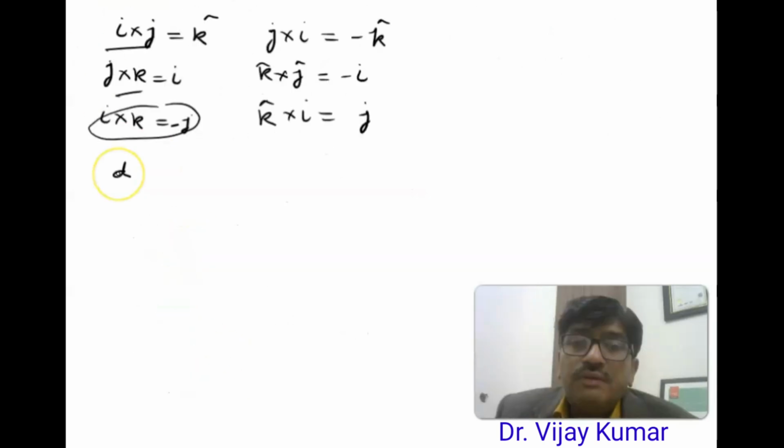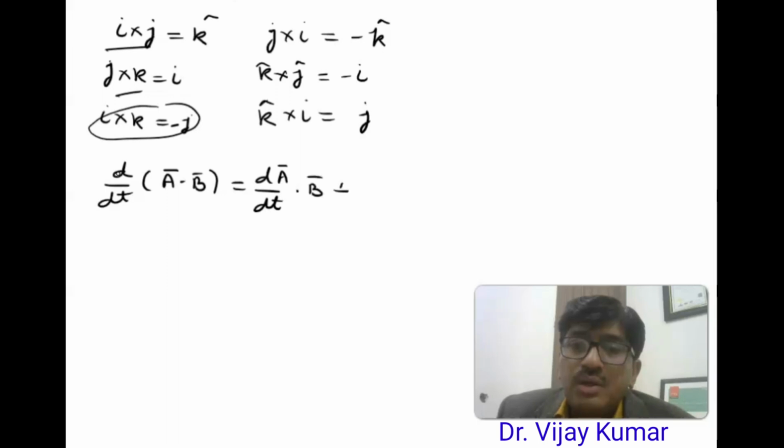If we take the differentiation d upon dt of a dot product, d upon dt of A dot B, it should be dA upon dt dot B plus A dot dB upon dt.